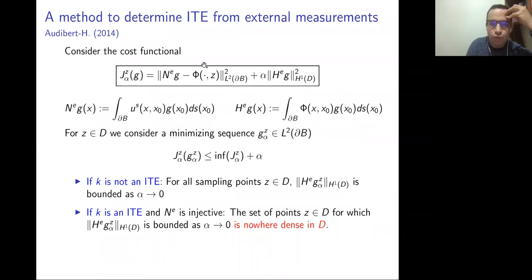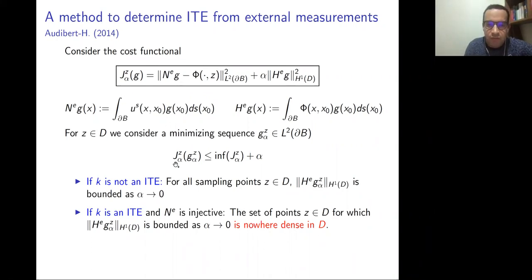But for this sequence, we want to control not the norm of the density, but the norm of the generalized incident wave. This is where it should converge, as I said, for the invisibility.